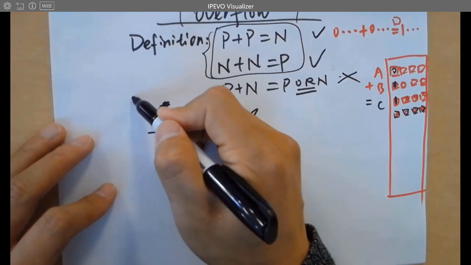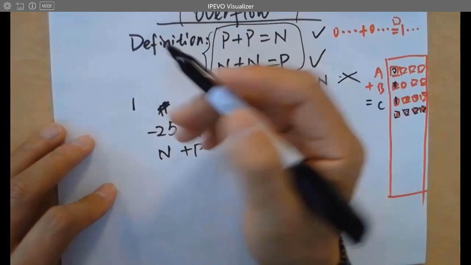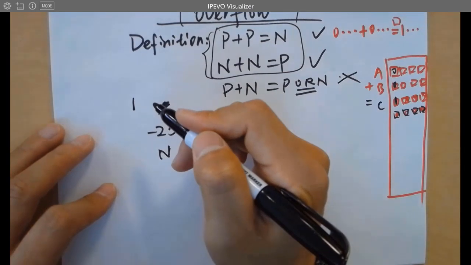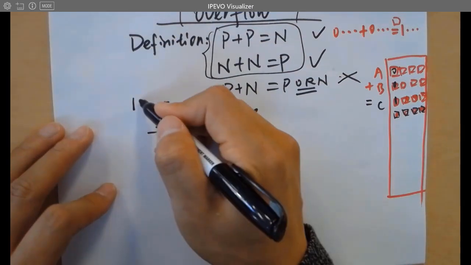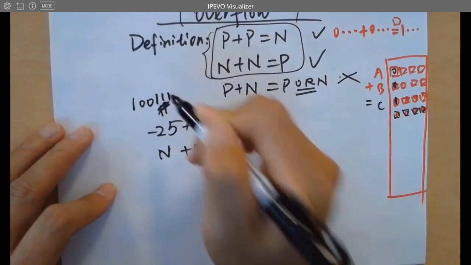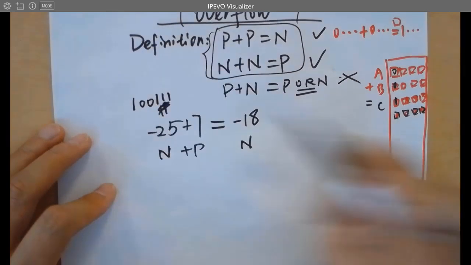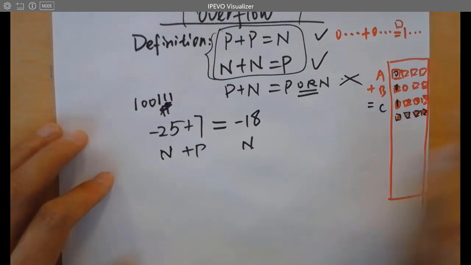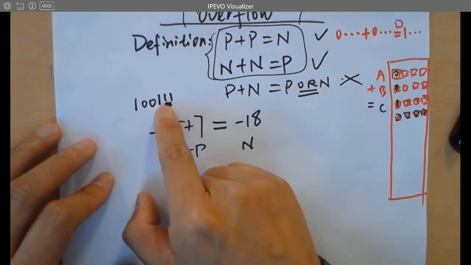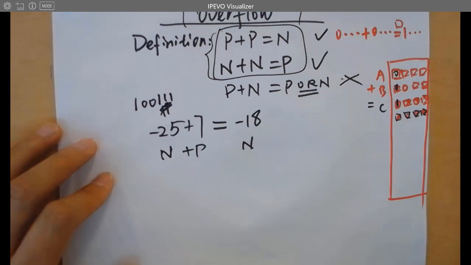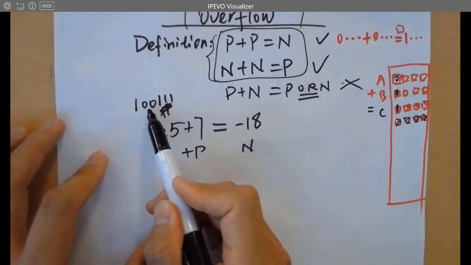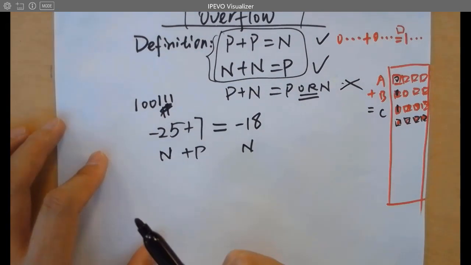I need a minus 32 first, and I need 32 plus what? 7, right? 32 plus not 16, not 8, but 4 and 3. Is that minus 25? So this is minus 32 plus 7. Yeah, minus 25. So now let's assume that we are using a 6-bit computer system.